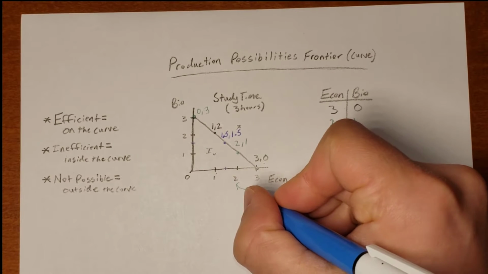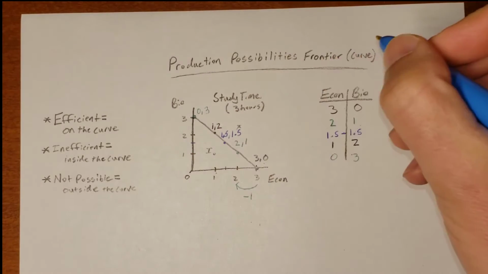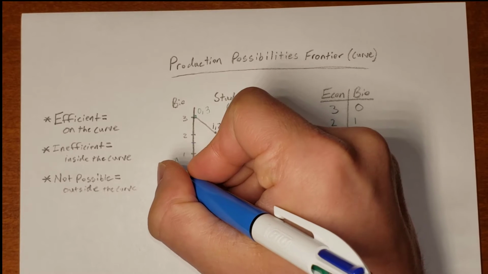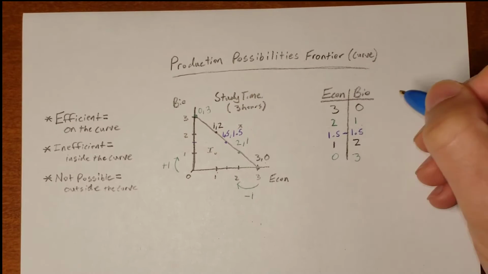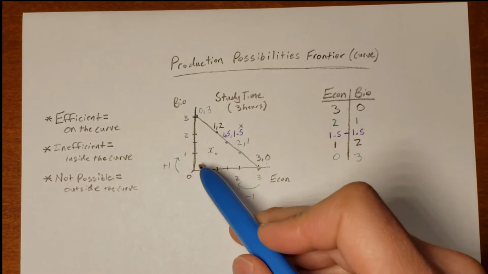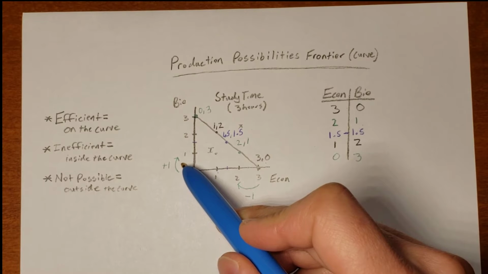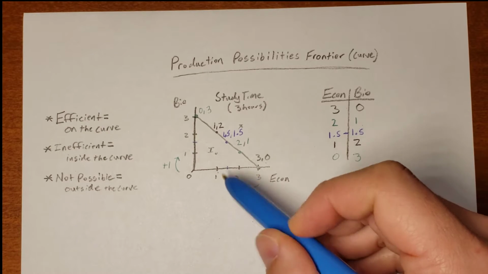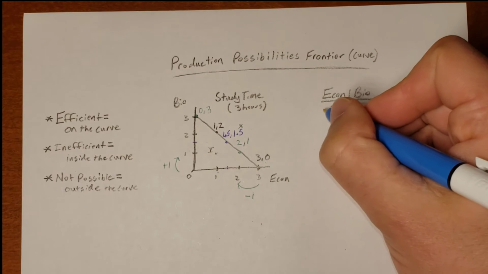There was a loss of 1 hour of economics, but we had a gain of 1 hour of biology, right? So the opportunity cost of gaining this 1 hour of biology was to lose 1 hour of economics. And that would be consistent no matter which way you went across it, right?